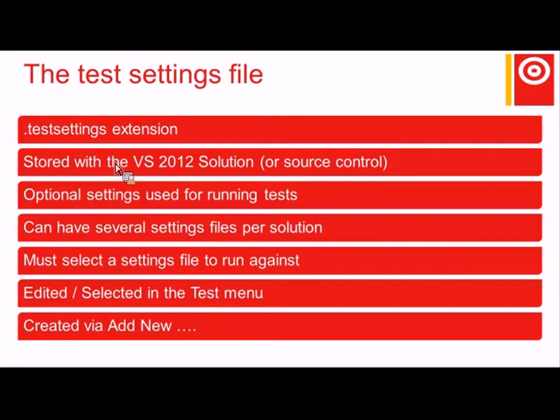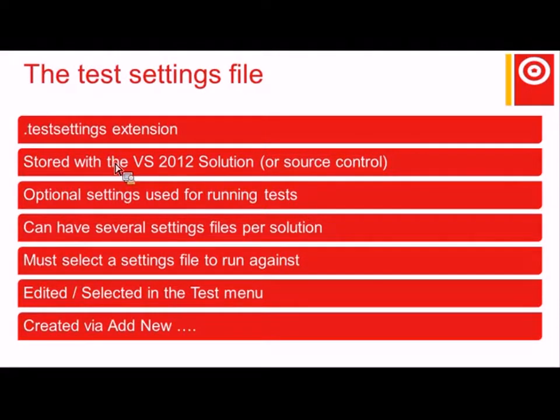You can have more than one test settings file, and they're stored within the solution folders of the test. You can have several settings files, so you might have one for each of the different operating systems you want to test your code upon.